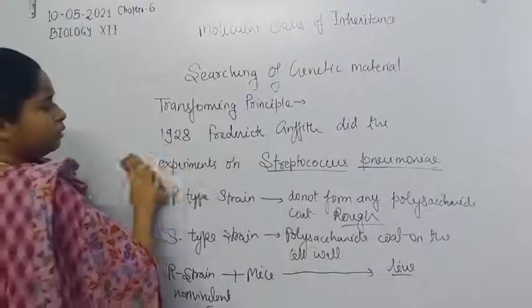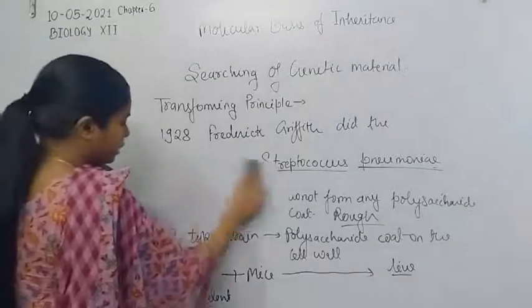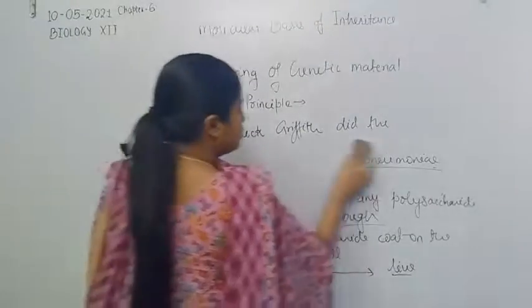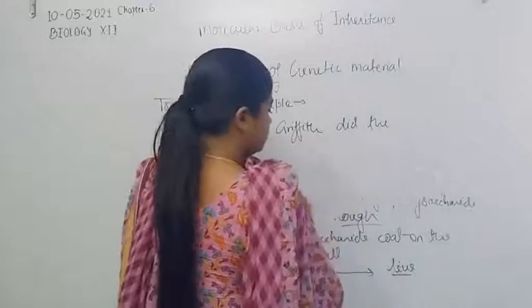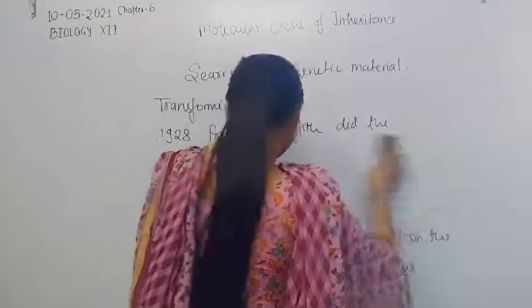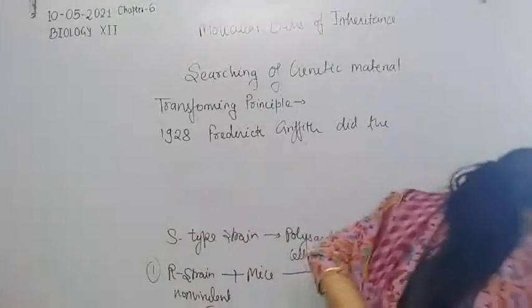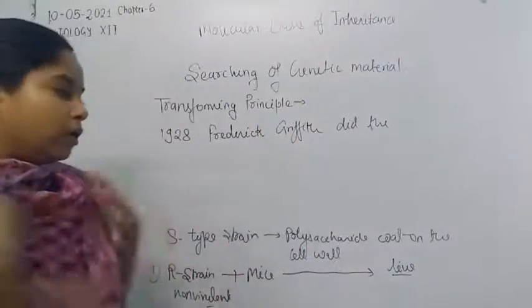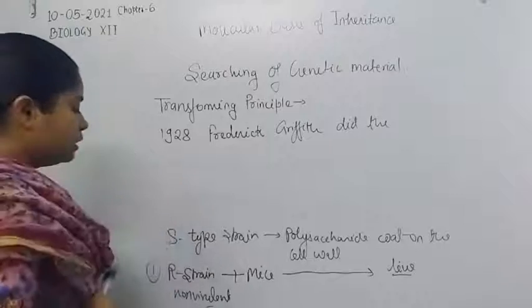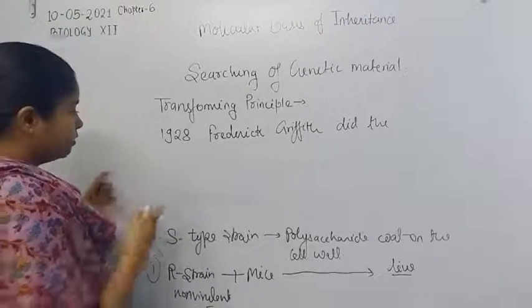Now what happened with the second experiment? When he injected the second, smooth type of bacteria, what happened in the experiment?